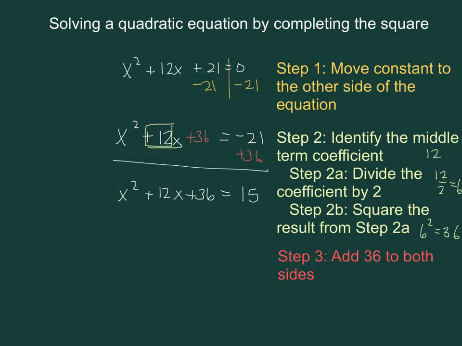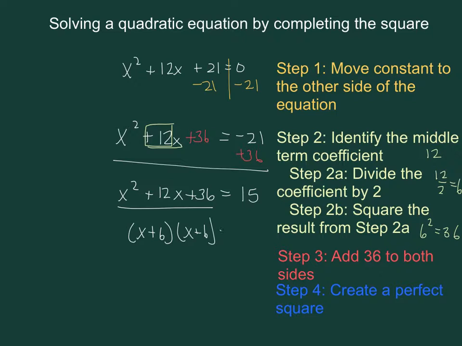Okay. Now, step 4 is creating a perfect square. So what we're going to do is look at this right here and go, oh, well that's x plus 6 times x plus 6 equaling 15, which is x plus 6 quantity squared equals 15.